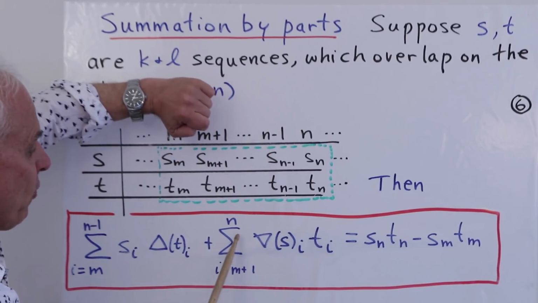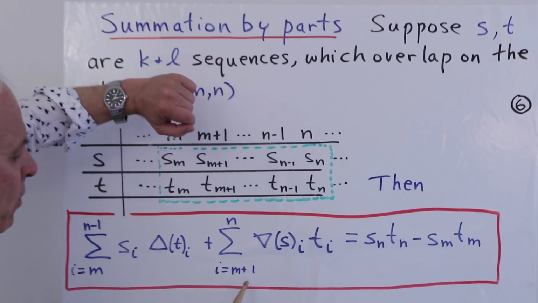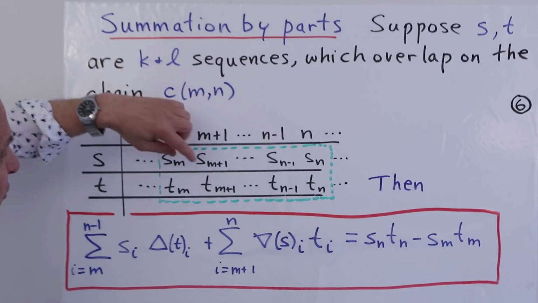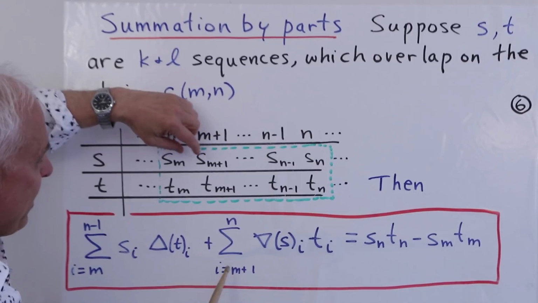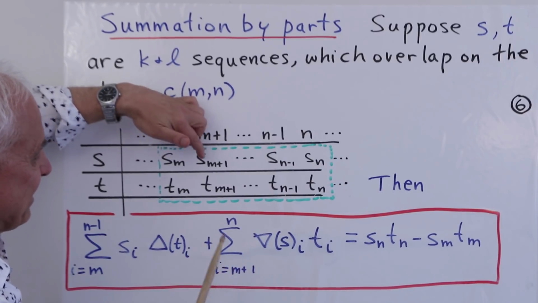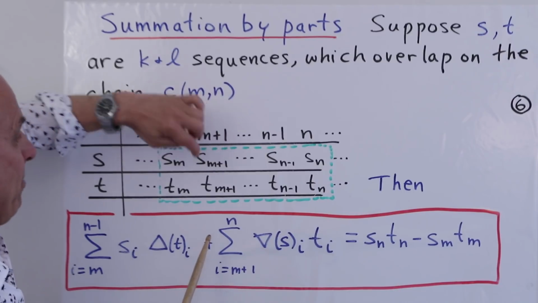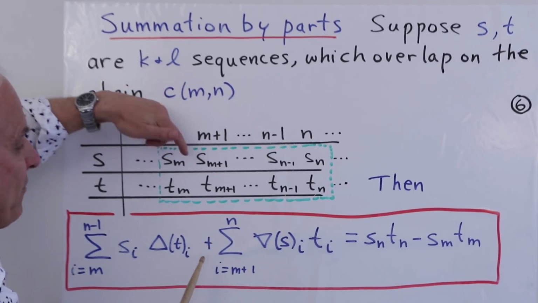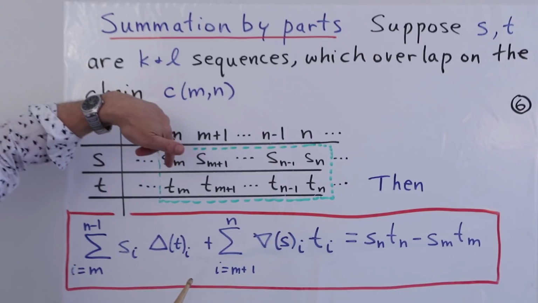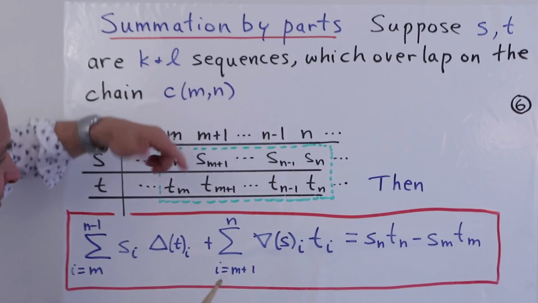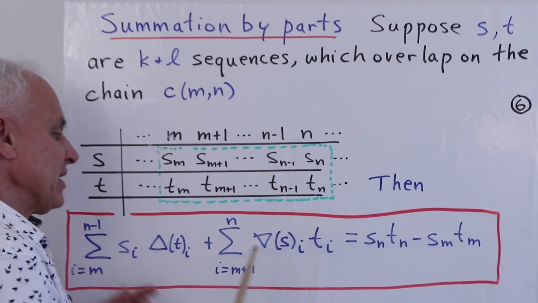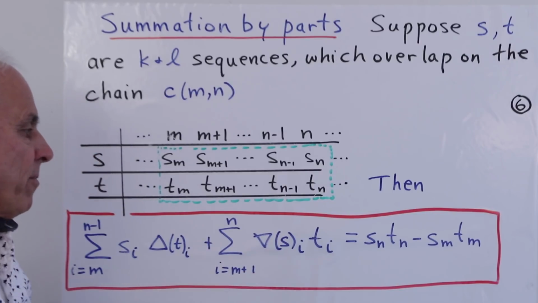And we're going from m plus 1 to n. And why are we going through that range? Well, it's because we can't go anything further. The first backward difference that is defined is this one here at m plus 1, giving s sub m plus 1 minus s sub m. There's no previous backward difference. Okay, so these are the maximum things that we can make of this form.